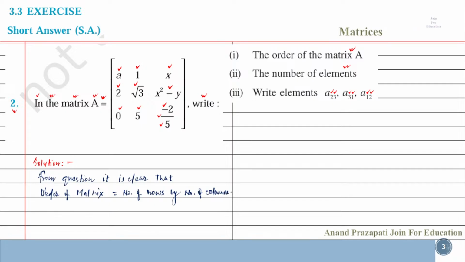Here the number of rows is 3: this is the first row, this is the second row and this is the third row. This is the first column, this is the second column and this is the third column. So we write 3 by 3.